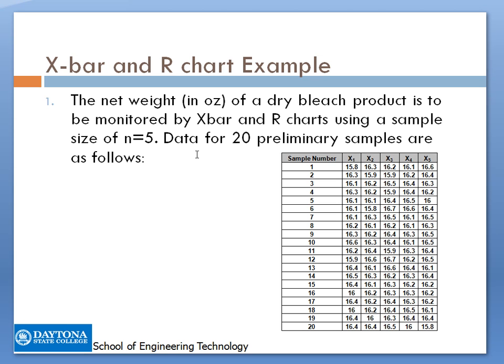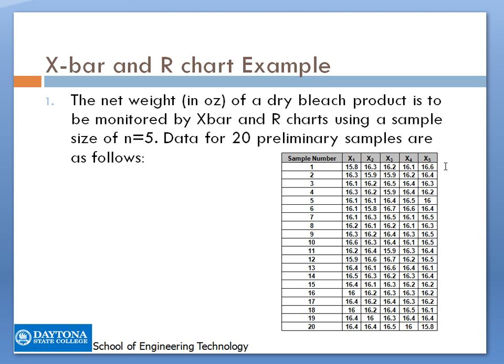So what do we have to do? We have to calculate the average, the mean value for each subgroup. We'll also have to calculate the range for each subgroup. Then with those values, we calculate the center line, which is X double bar for one chart, and the other one will be the R bar value.